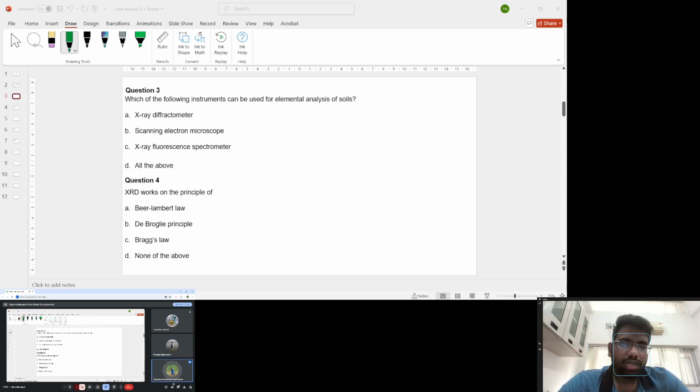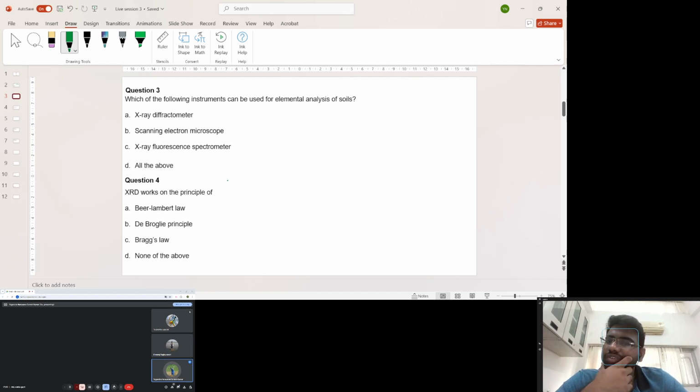Here, first of all, I will give a brief view of why elemental analysis is required. You might have come across several clay minerals, different types of arrangements, and what minerals and elements they constitute. The entire behavior of these soils is primarily related to the mineralogy and elements present.